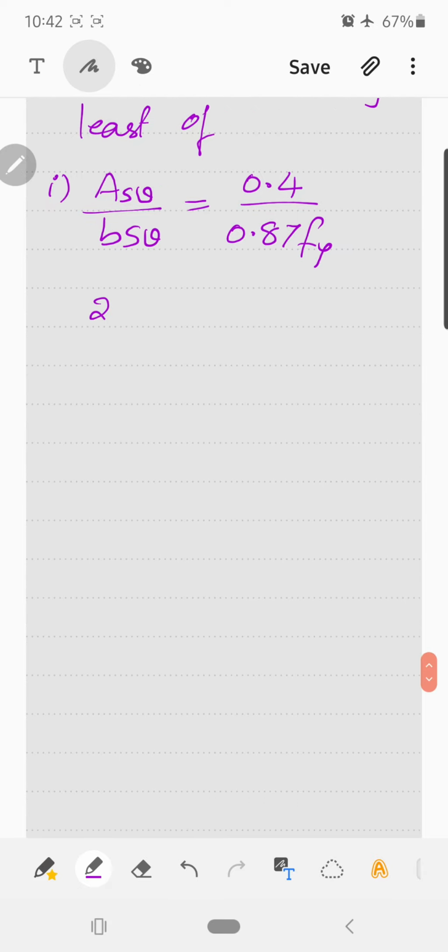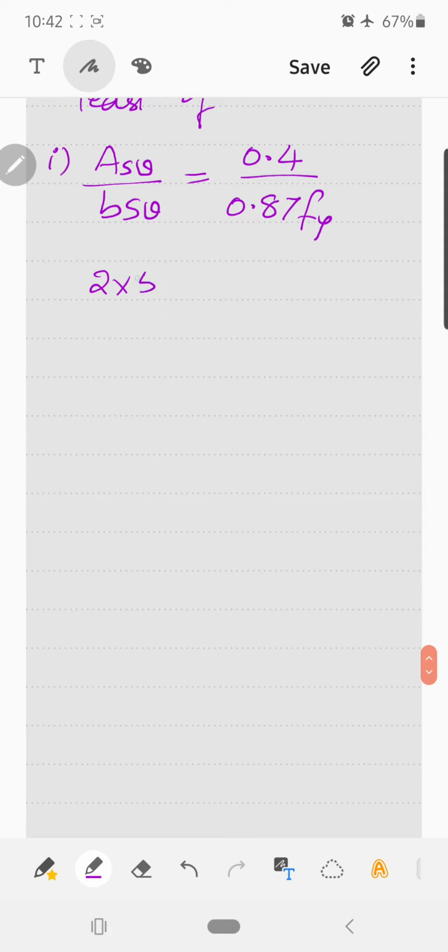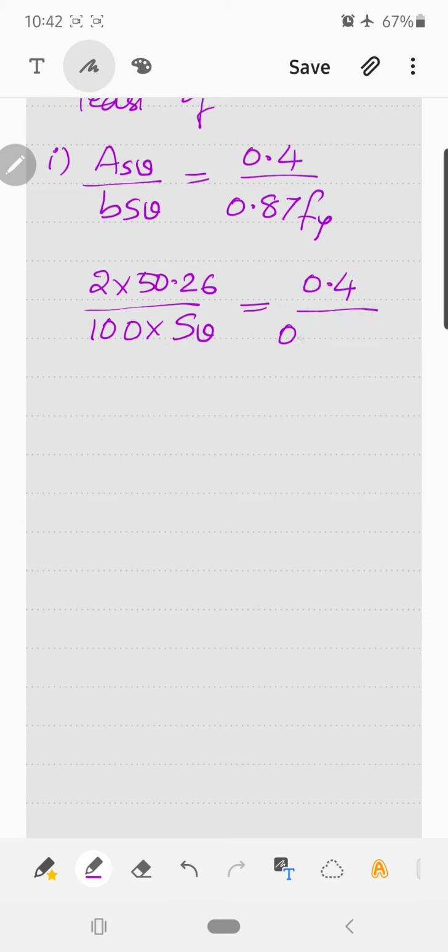So it is 2 into 8 mm bars, 8 mm area is 50.26, pi by 4 into d square value, divided by 100 into SV is equal to 0.4 divided by 0.87 Fy. If you calculate, cross multiply and calculate the spacing, SV, you will get around 900 mm.